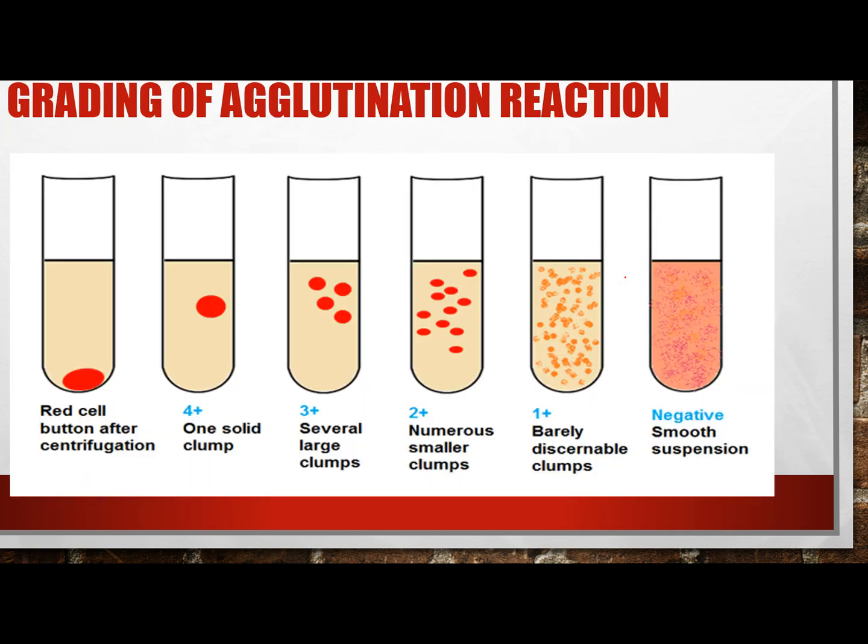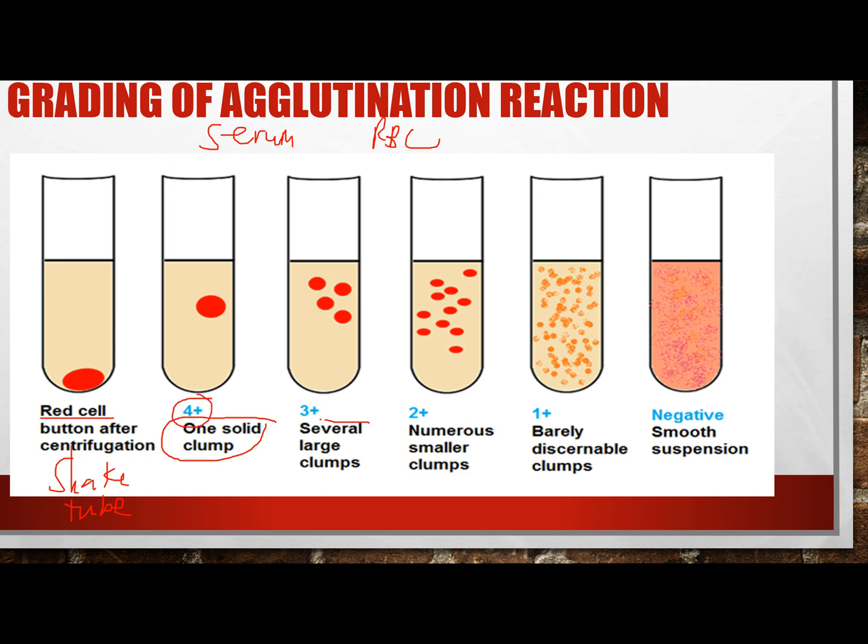So there are different gradings for agglutination, class. When you perform your experiment wherein you add your serum and you add your RBC or your antigen, it would produce different reactions. After centrifugation, it produces a red cell button. Now you would shake the tube. After shaking, if the red cell button is still one solid clump, it is reported as 4 plus.